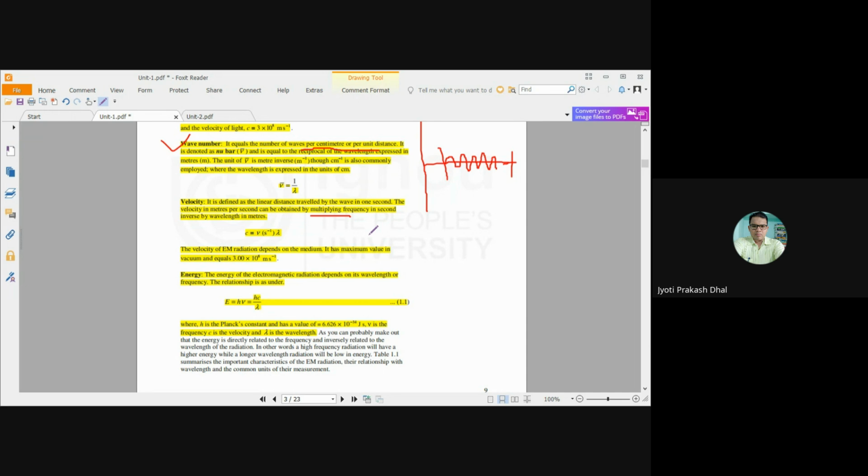So if n waves pass through that point in 1 second, where the number of waves is the frequency, then its velocity c equals nu into lambda. So c equals nu into lambda. From this relationship we can also find lambda equals c by nu, or nu equals c by lambda.